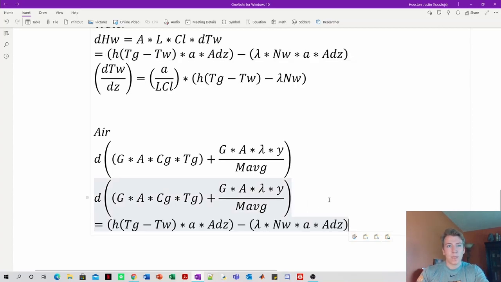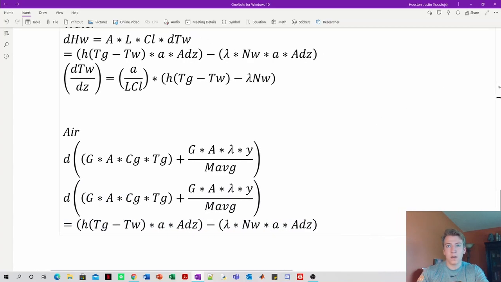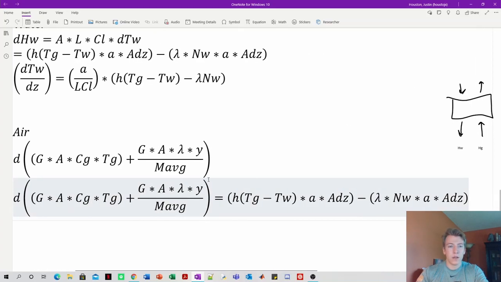Let me see if I can get this fitted in one line. There we go, and you can see it good. Okay, so now that we have that set equal to each other, we can cancel out the area for each one, and then we're also going to want to divide both sides by this dz.